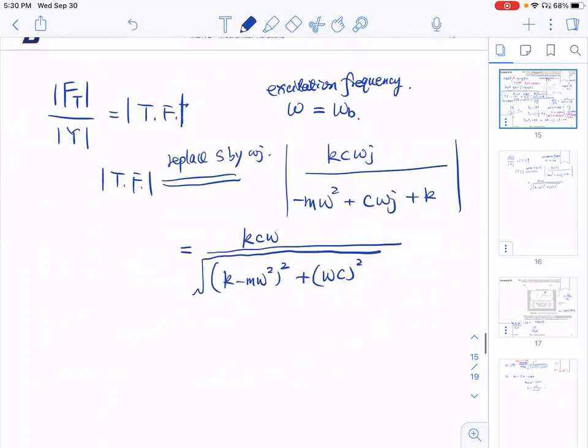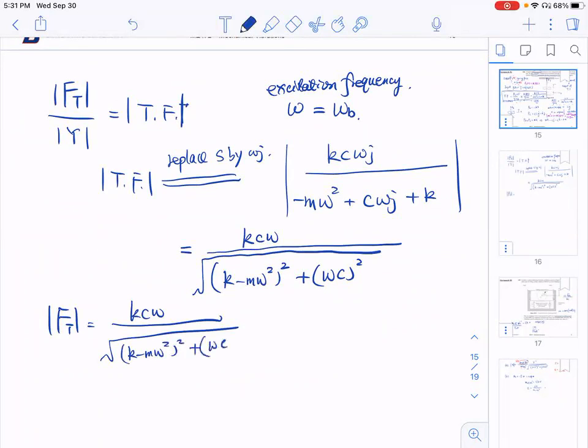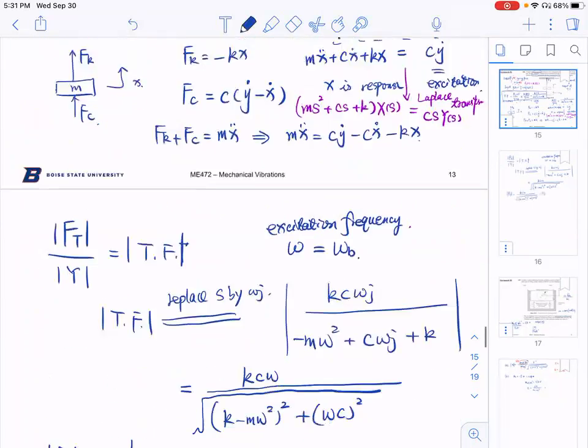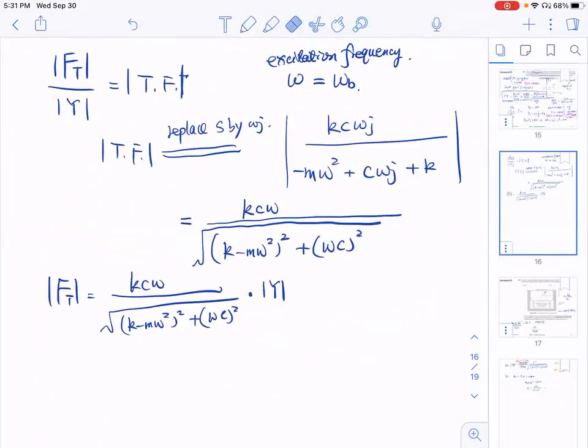In order to find the Ft amplitude, you just multiply this ratio by the y amplitude, big Y. You can directly replace it by big Y. So that's the final solution.